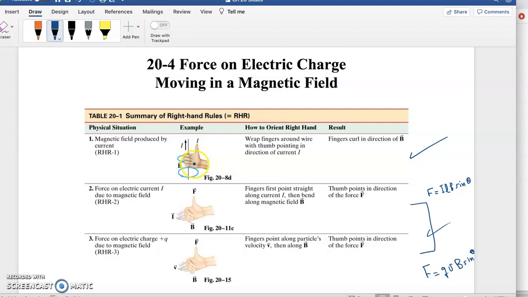And if you wrap the fingers around the wire, all right, this is the direction. When you curl your fingers around the wire, pointing your thumb in the direction of the current, the fingers will point towards the direction of the magnetic field.